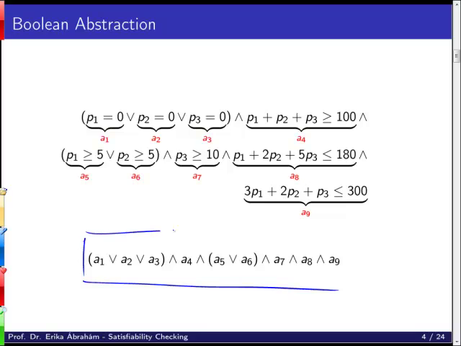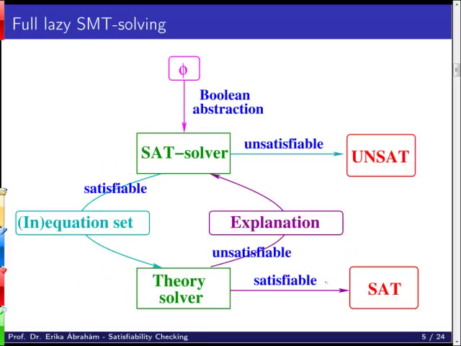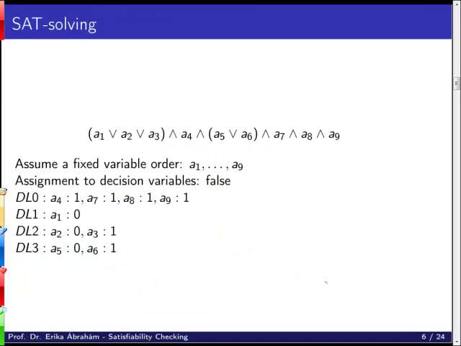And if we find a solution, then we check if the corresponding constraints which are abstracted by the Boolean variables together are satisfiable or not. So now from the SAT solver, we first try to get a solution for the Boolean abstraction. We have this Boolean formula and search for a satisfying solution, and we find one.